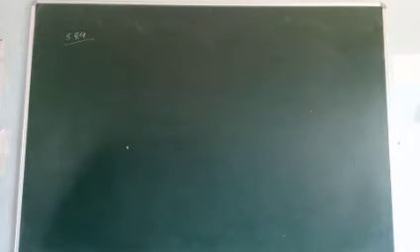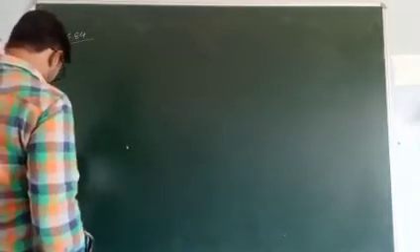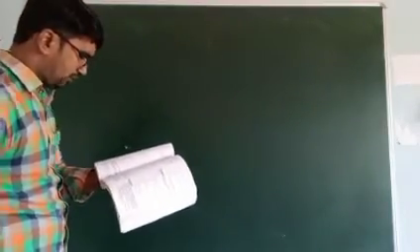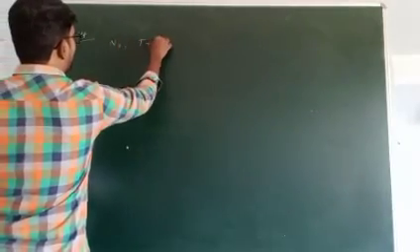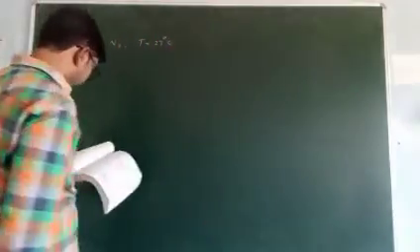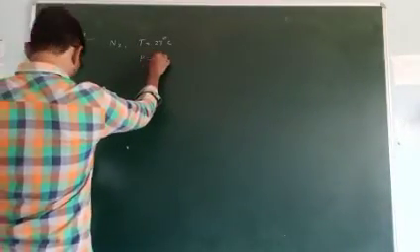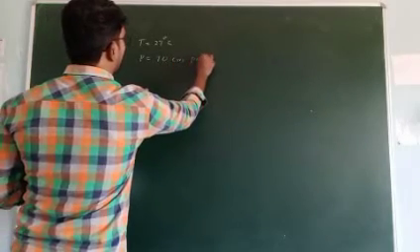Next, 5.84. Calculate the RMS velocity of nitrogen. For nitrogen, the temperature is given as 27 degrees centigrade and the pressure is given, P is equal to 70 cm of mercury.